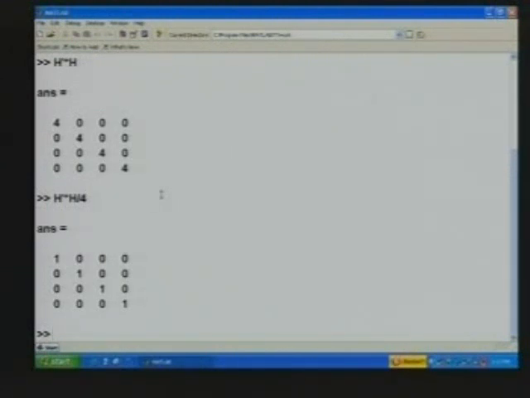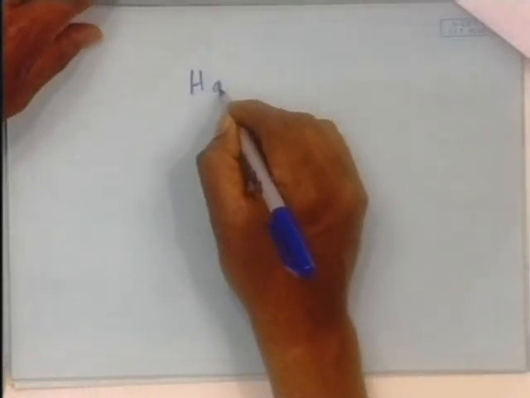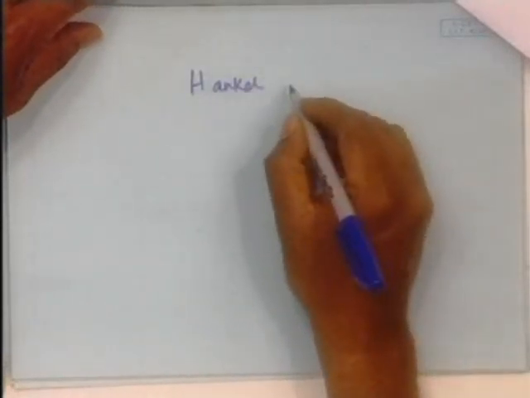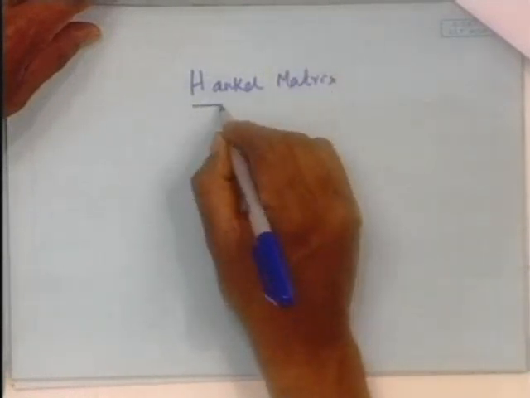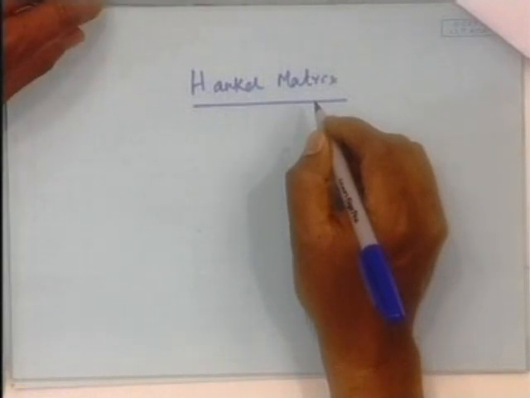So, then the next matrix which we are going to discuss is called the Hankel matrix. So, what is a Hankel matrix?